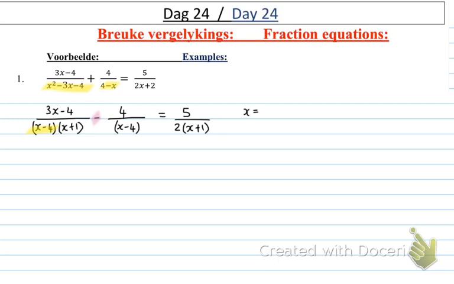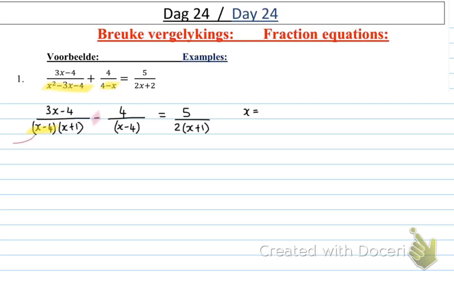Okay, to find the LCD, I'm going to look at all the denominators. First I need to get my restrictions. Restrictions mean what x cannot be. So why would x not be able to be something? Let's think about it.